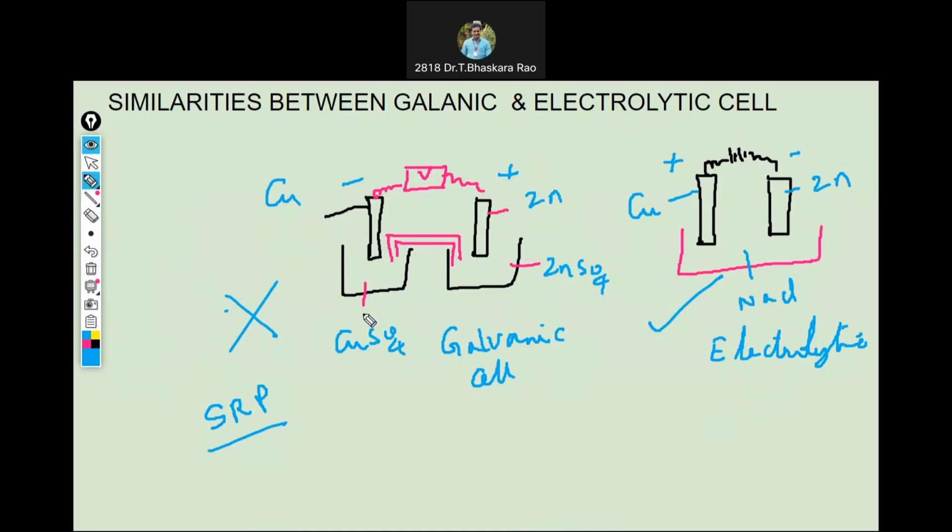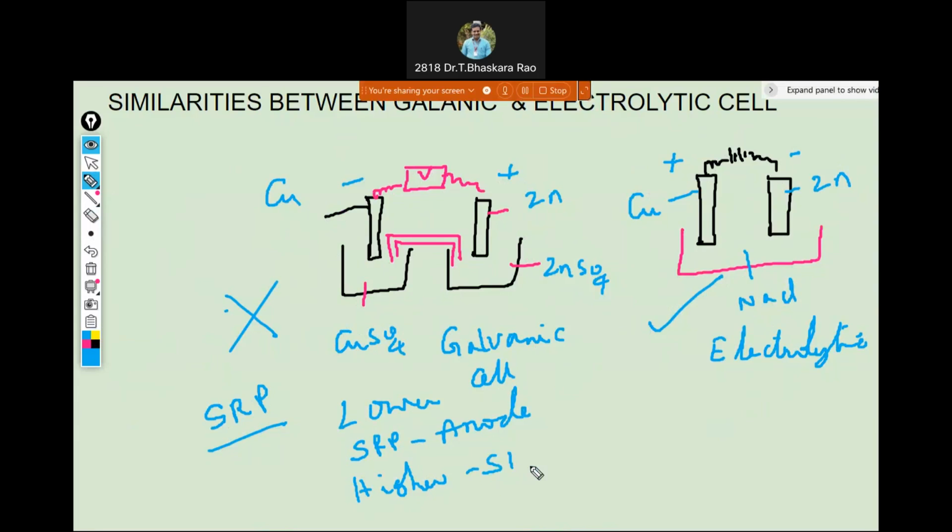You must select anode or cathode depending upon the SRP values only: the one with the lower SRP is the anode in the galvanic cell, and the higher SRP is the cathode.